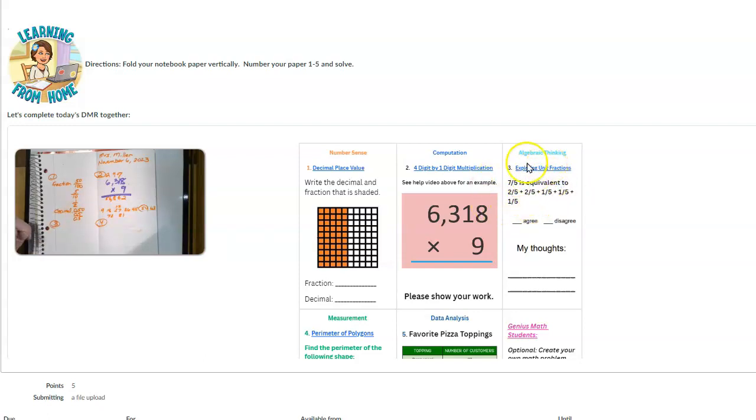An addition of fractions, including unit fractions, is that equivalent to 7/5. So, is the fraction 7/5 equivalent or equal to 2/5 plus 2/5 plus 1/5 plus 1/5 plus 1/5?